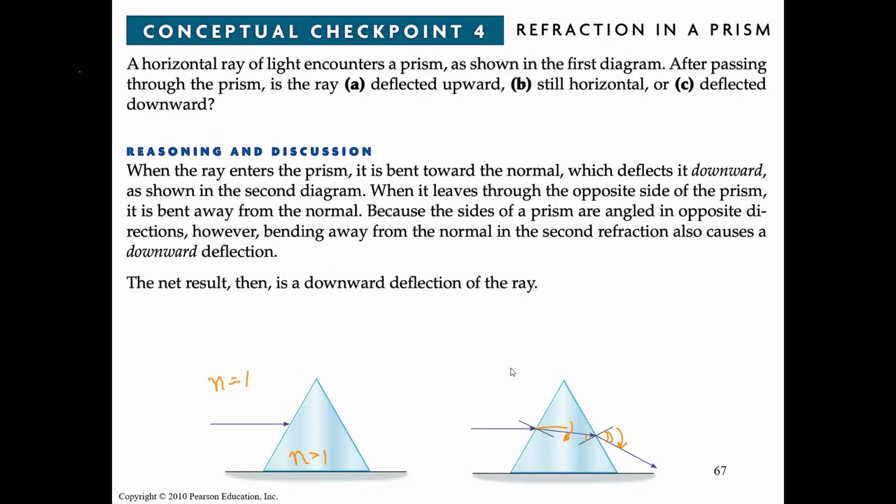Okay. So in both refractions, first refraction, second refraction, light ray is always bent downward. Okay, the net result is that the ray will be deflected downward. Okay, ray deflects downward.